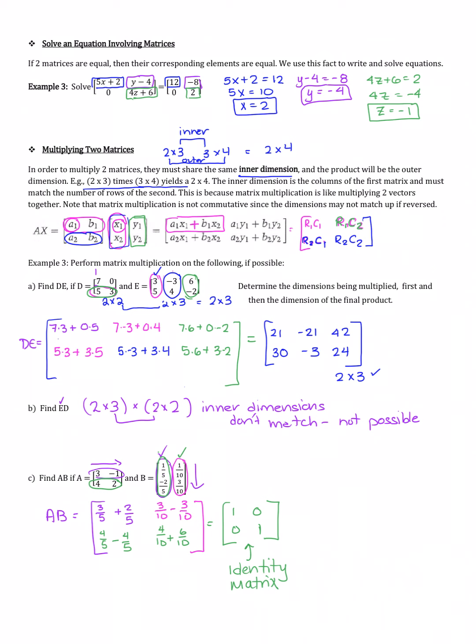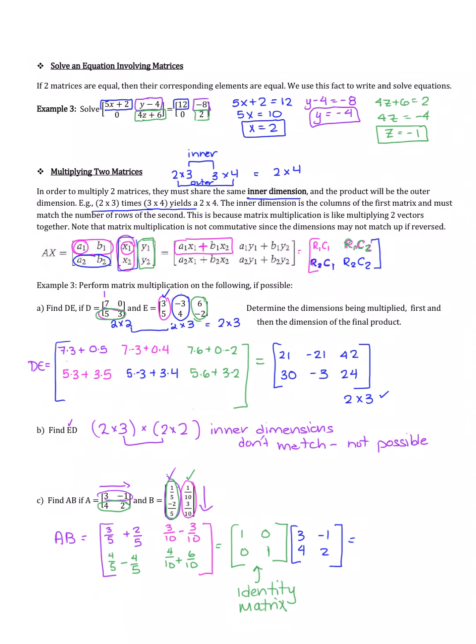And what's special about it is just like multiplying by 1. In other words, I'm going to put 3, 4, negative 1, 2, our old A matrix here. And notice what I get. Hey, stop that. Where'd my pen go? So I get 3 plus 0, and then I get negative 1 plus 0.